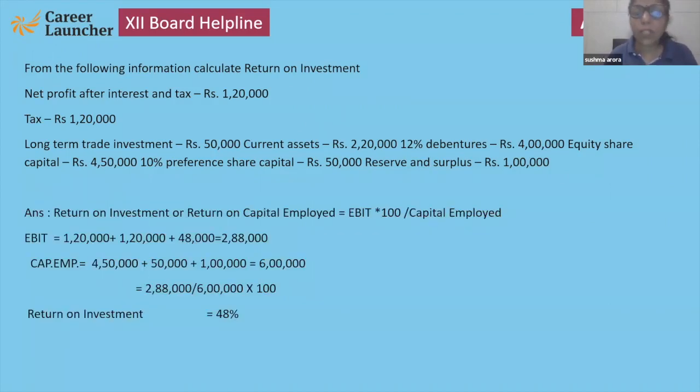This is the formula. EBIT means earning before interest and tax, or you can say net profit before interest and tax. Clear? This is capital employed. Your formula will be, simple, net profit before interest and tax upon capital employed into 100.